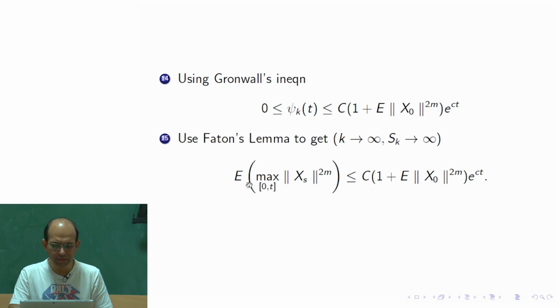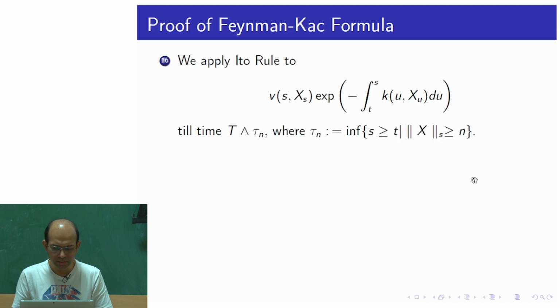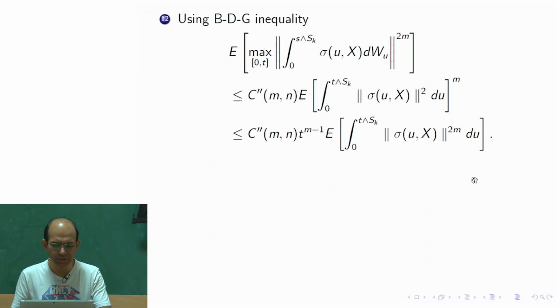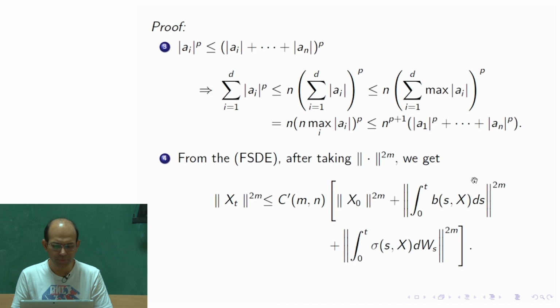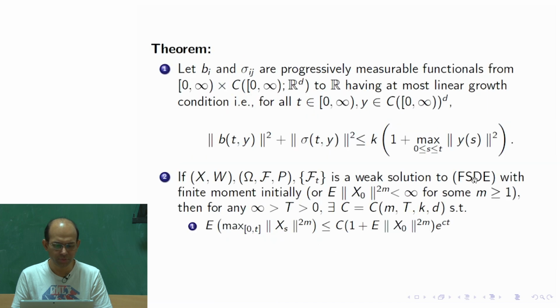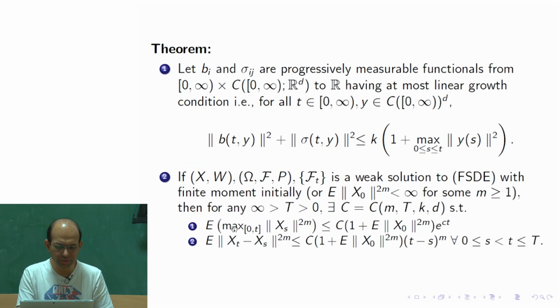So you have obtained that the expectation of this thing is less than or equal to this. Let us see that this is the property we aimed to prove: the expectation of the maximum of X to the power 2m is less than or equal to this thing.